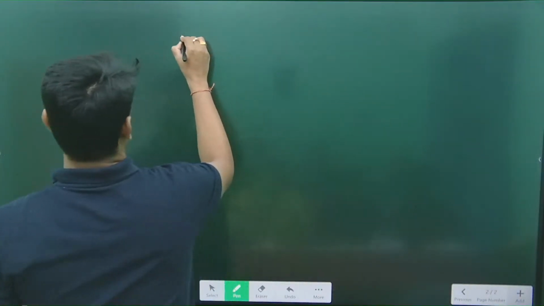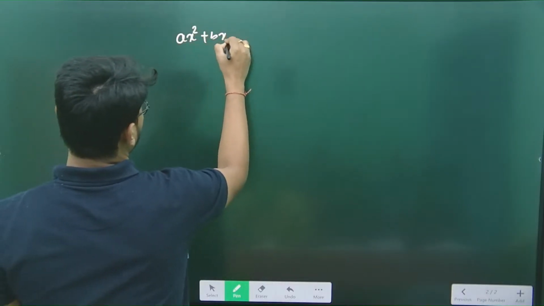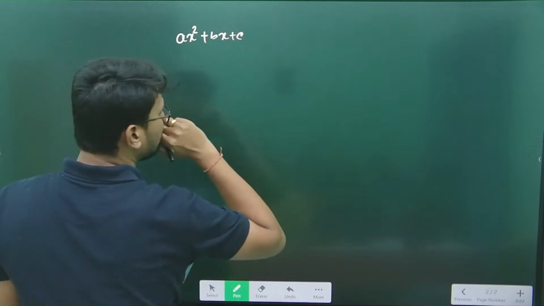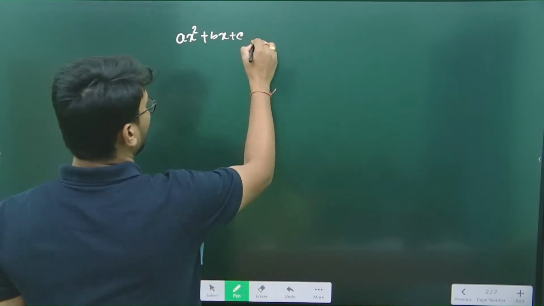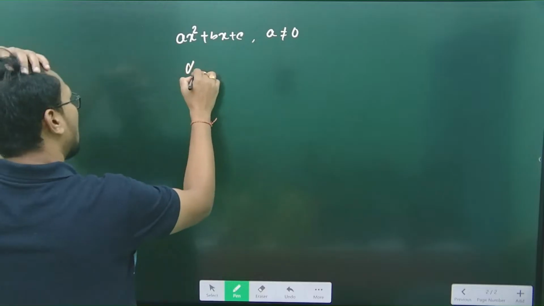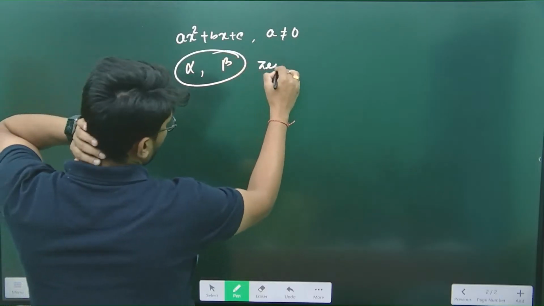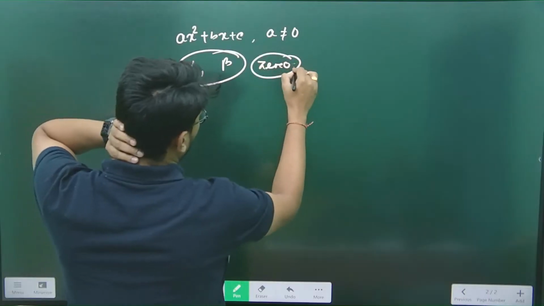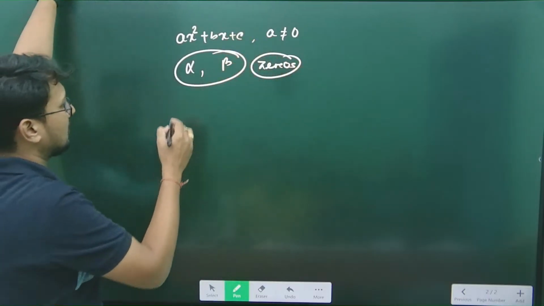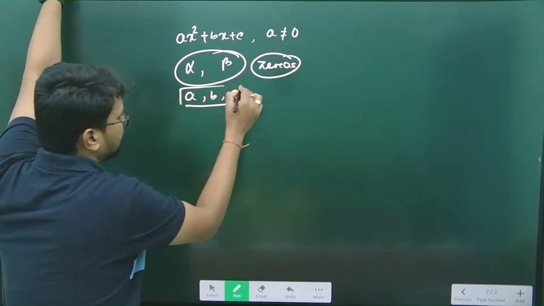What is the general form of a quadratic polynomial? ax square plus bx plus c, where a is not equal to 0. If alpha and beta are the zeros of this polynomial, then a, b, c are the coefficients.